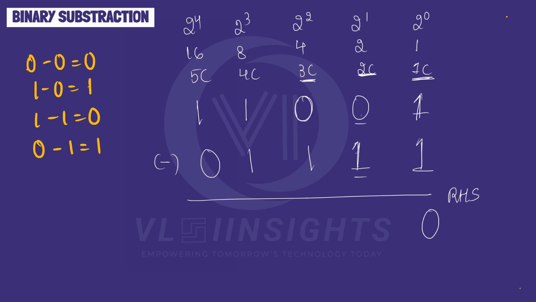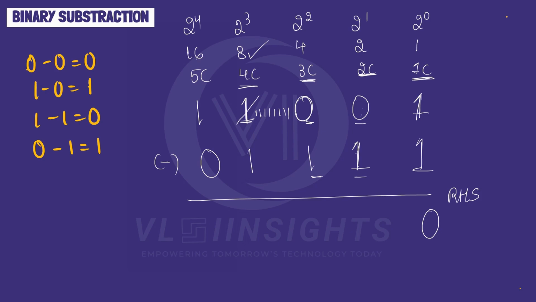But in the third column, I again have 0 minus 1. So let me look forward for the next column. In the fourth column I have found 1. But what is the weightage of this one? It is actually 8. So now let me represent that 8.